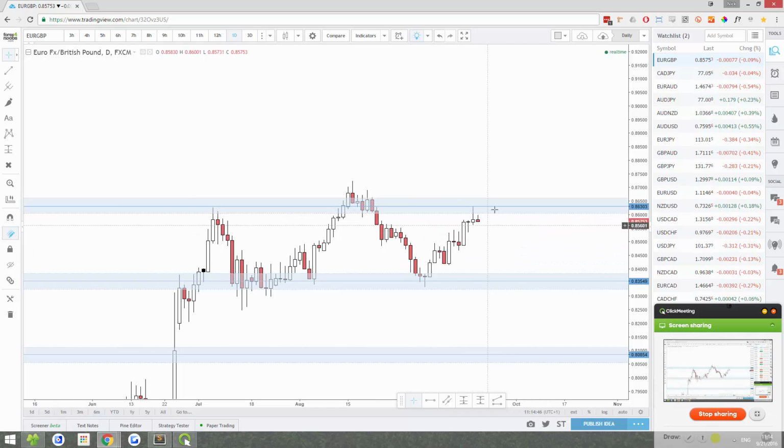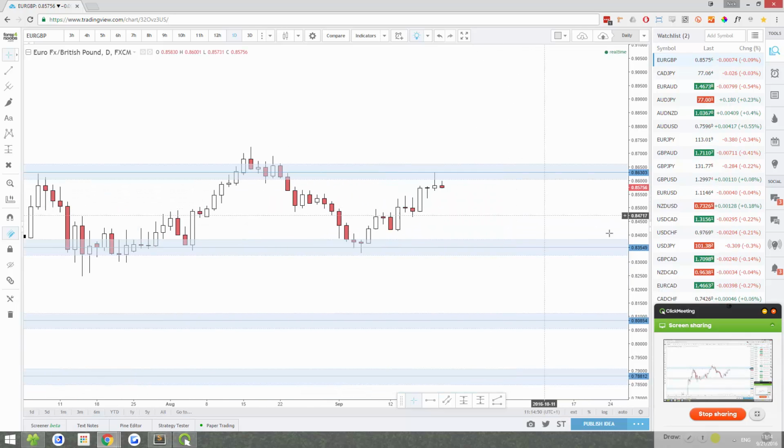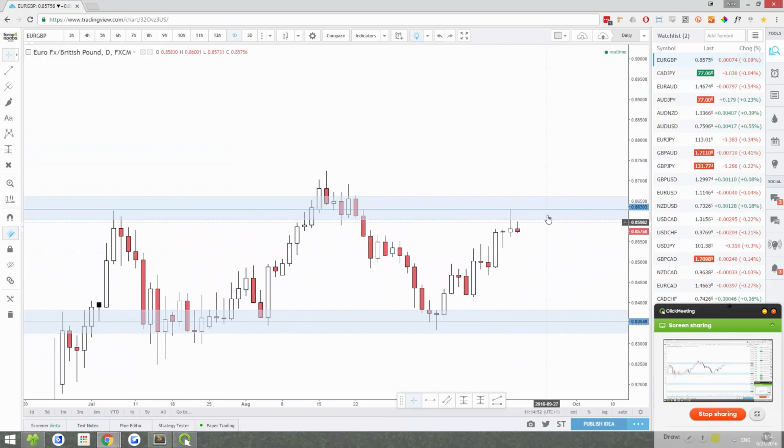The point still is that this is forming pretty low. And whenever you have a trade forming to the low end of a resistance area, or to the high end of a support area, you're always going to run into trouble with your stop loss. Why? Because the safest place to put your stop loss is beyond the resistance area. So that would be somewhere up here would be the ideal stop loss.